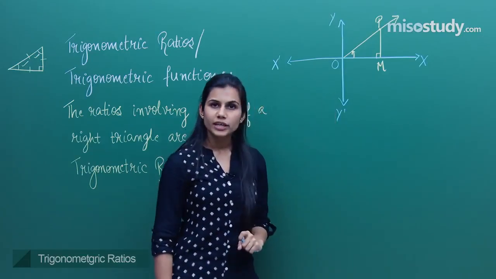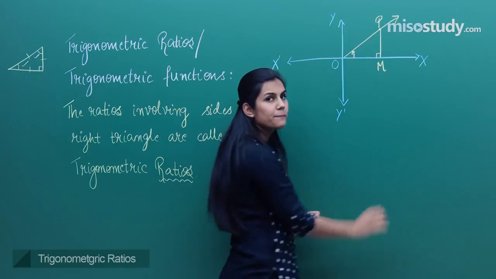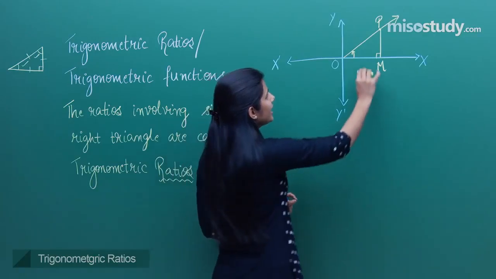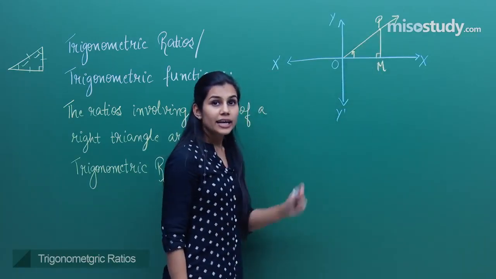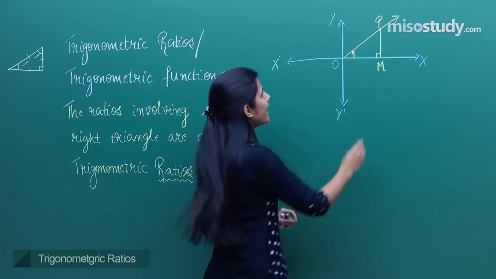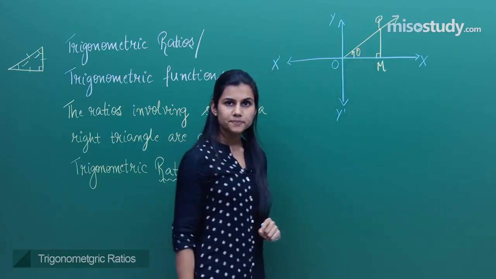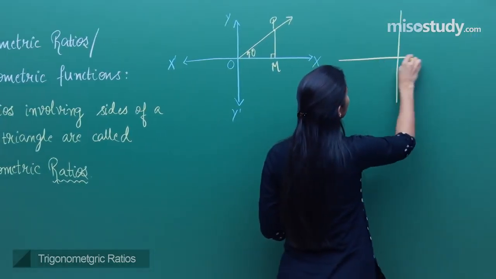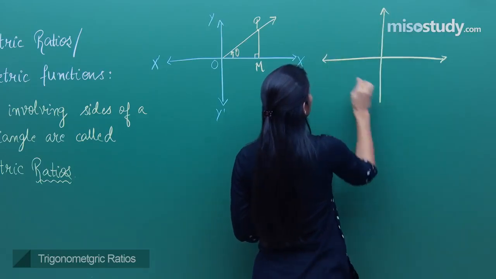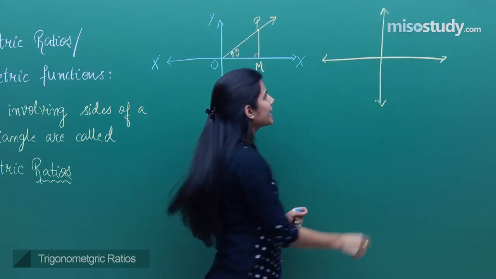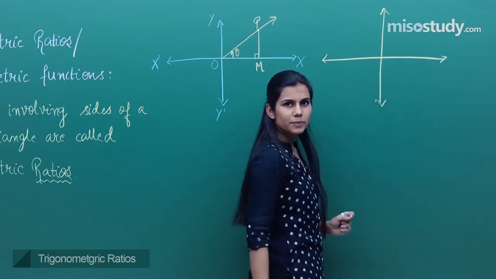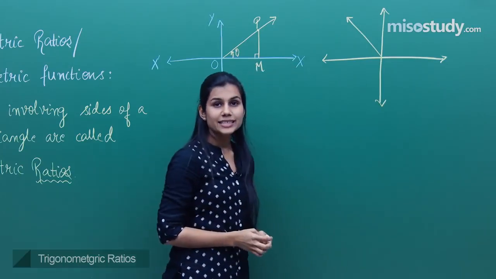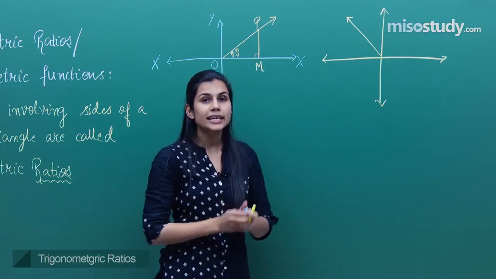What I did over here was start rotating the positive direction of the x-axis, which I took as the initial side, and I ended up at the terminal ray lying in the first quadrant, resulting in an angle theta. I can do one more thing: I can also start rotating this side and reach up till here, so the terminal ray lies in the second quadrant.